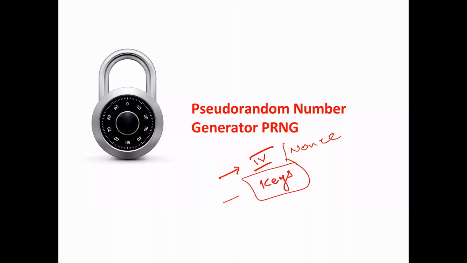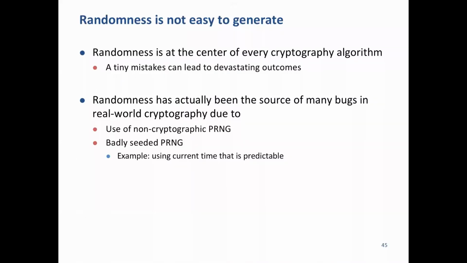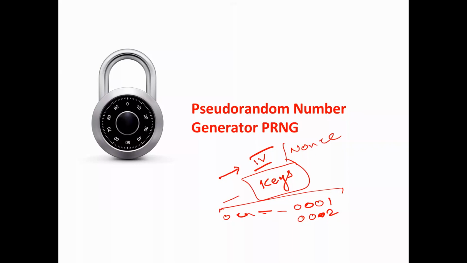If you generate keys as, say, 0001, 0002, and so on, with a 128-bit key starting from 000 up to whatever, everyone can guess it, right? So when we generate keys, they have to be randomly generated.